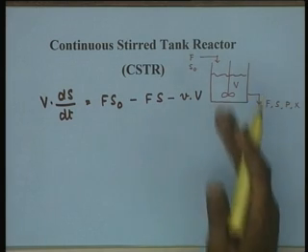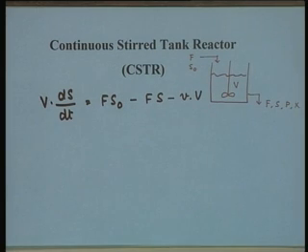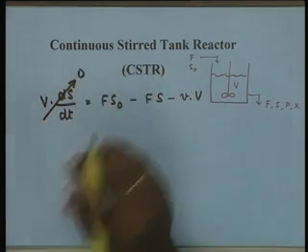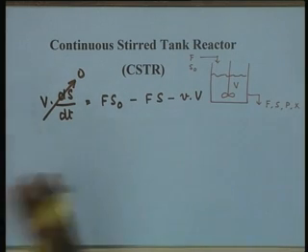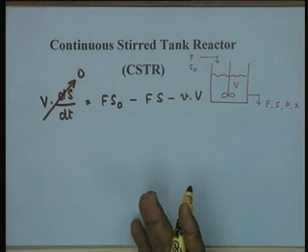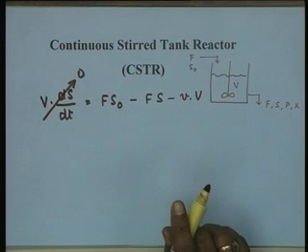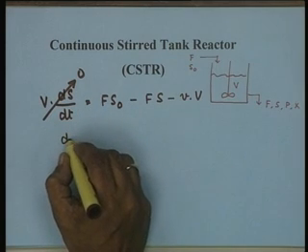Now, obviously, after a certain period of time the reactor comes under a steady state situation. When we say steady state, it means that the concentration of any species does not change with time in the outlet stream, and under that condition the accumulation term will tend to be 0, because whatever material is coming in is either getting converted by reaction or going out of the reactor. There is no accumulation of any species in the system.